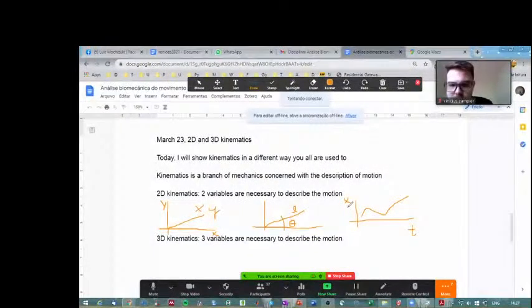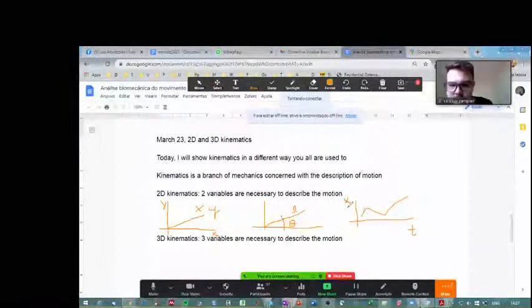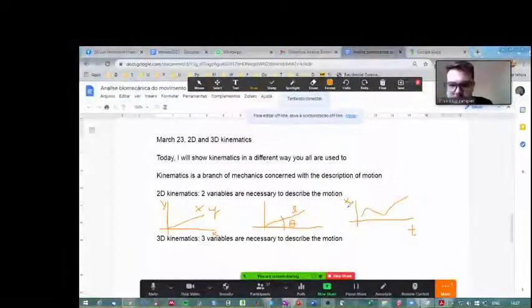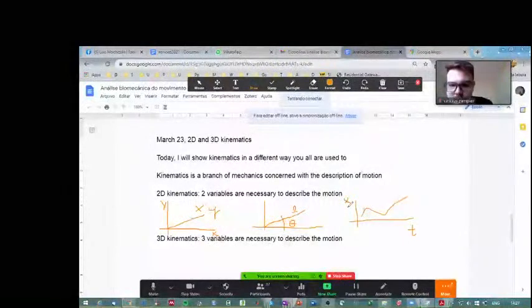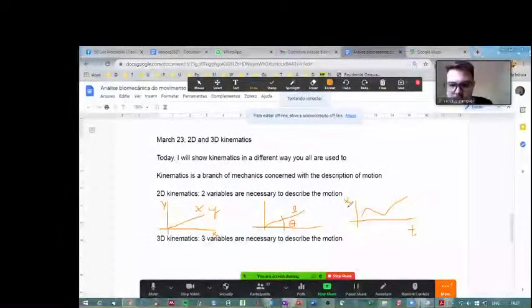Because when you calculate the cosine, you have the adjacent side of the triangle, and when you calculate y, y is equal to the length multiplied by the sine of the angle.